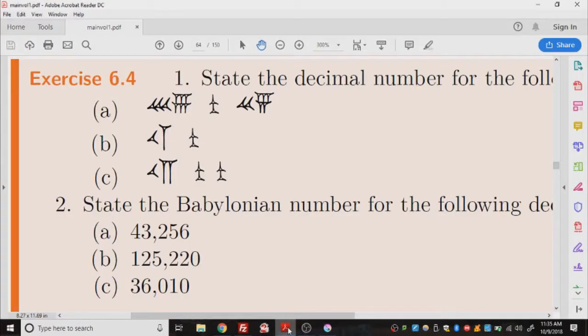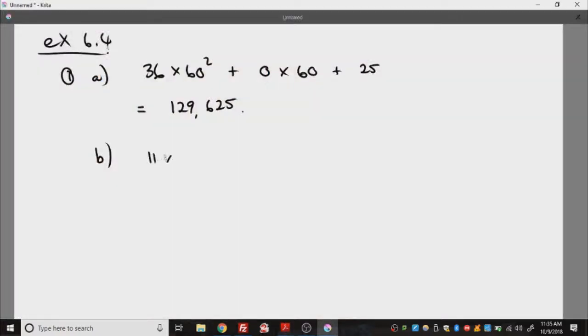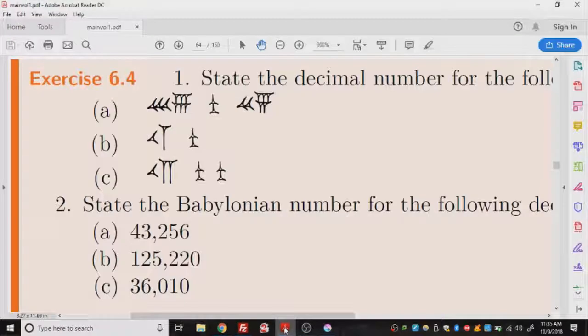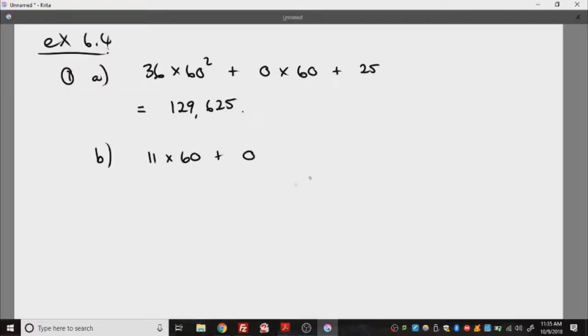Then we have a 2-place number in B. That's nice. 11 groups of 60. I'll say plus 0 to show I did consider what that symbol meant. And that would be 660. That was an easy one.